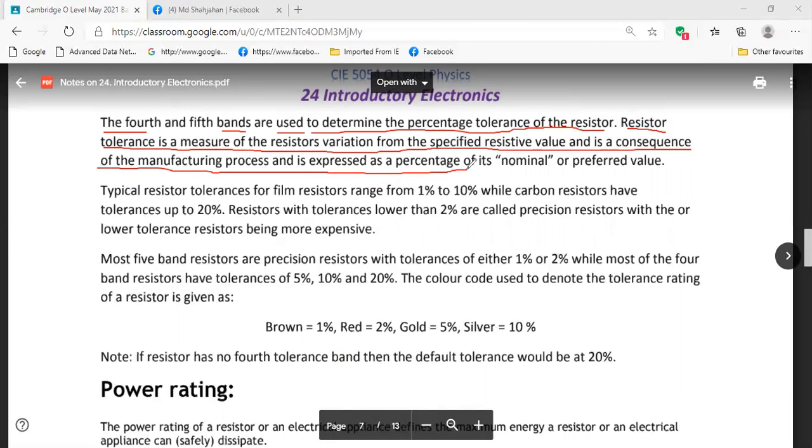Is it clear? So it is the problem with manufacturing. There might be some errors or some contaminations, some limitations, and because of that we have these errors, which we are naming as tolerance.